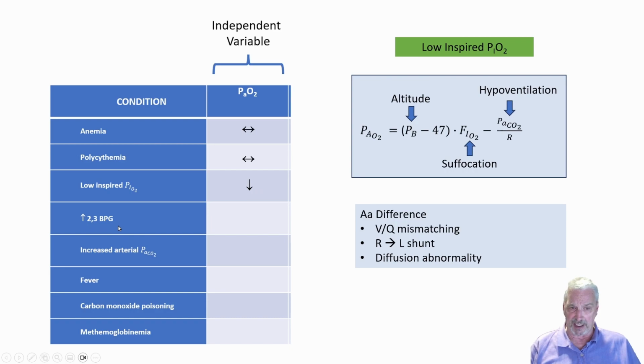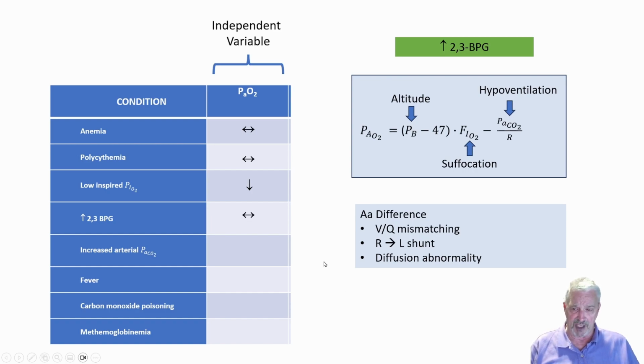The next one is an increase in 2,3-BPG, we call it nowadays. And what that does is shift the oxyhemoglobin dissociation curve to the right, but it doesn't change the altitude we're at. It doesn't cause the FiO2 to change, and we don't hypoventilate, nor do we get changes in VQ mismatching, right to left shunt, or diffusion abnormality.